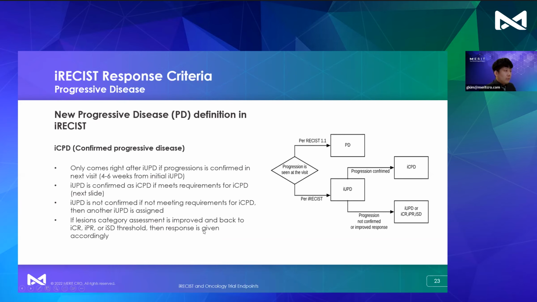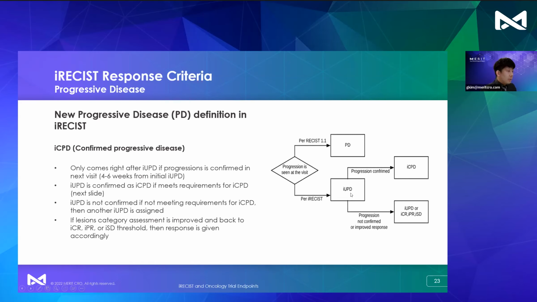There are specific requirements or conditions that will trigger the ICPD for a subject who had an IUPD at the immediate prior time point. So from the initial progression, we assign an IUPD, and depending on how the patient responds at the next time point, if the conditions for ICPD have been met, then at the next time point we assign an ICPD, saying the progression at the prior time point has been confirmed, and that denotes a true response.